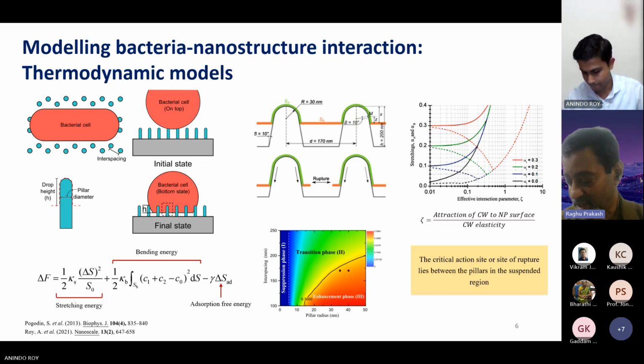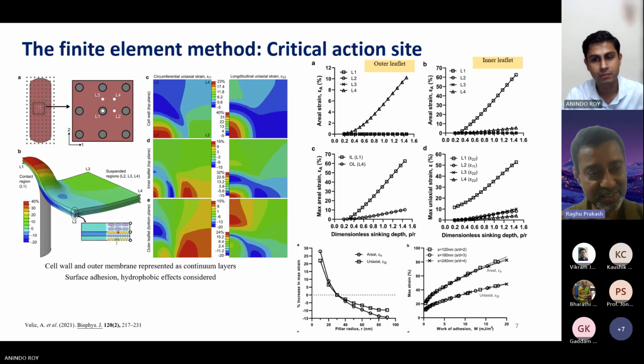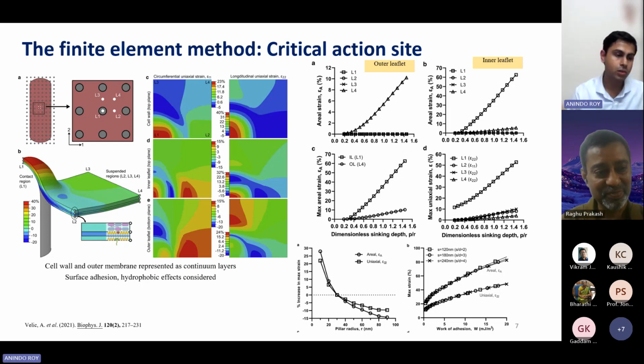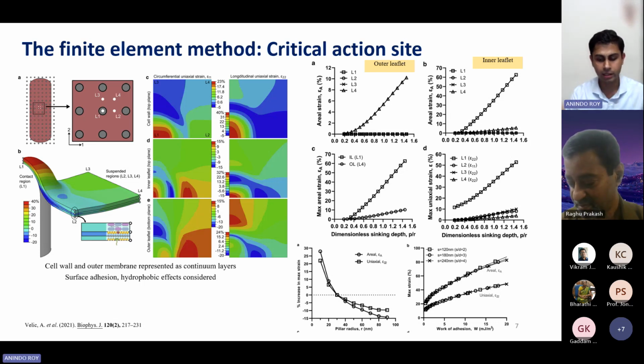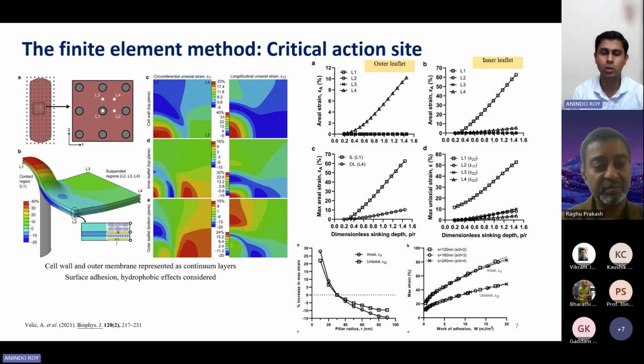Another point that I wanted to get clarified is, you are using the finite element method for the analysis, right? But then you also have to feed in the material constants. So where do you get those material constants? These are generally taken from different studies that have been conducted over the past 2 or 3 decades.